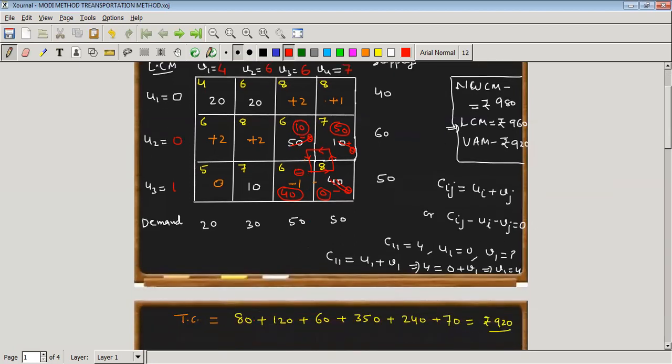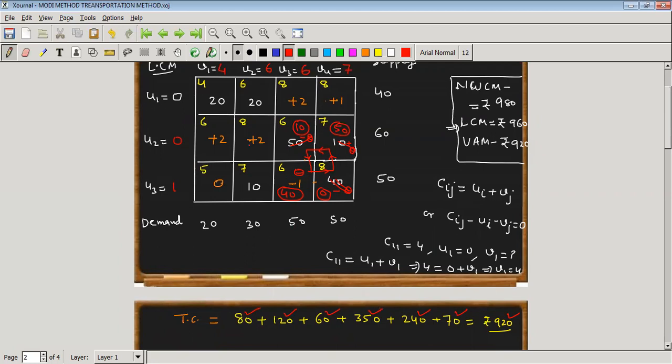Now we have to find: 24 is 80, so this is 80. 26 is 120, 120. 16 is 60, 60. 57 is 350, 350. 17 is 70, and 40 into 6, it becomes 240. So the total cost is now reduced to 920.